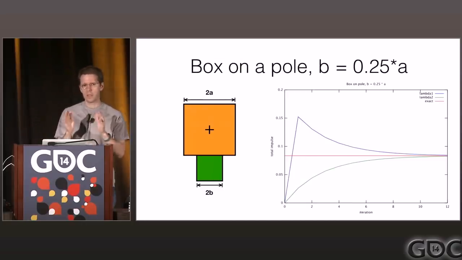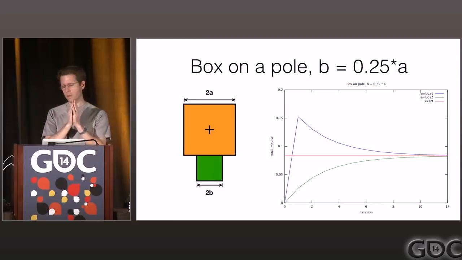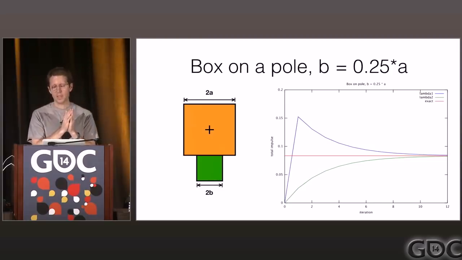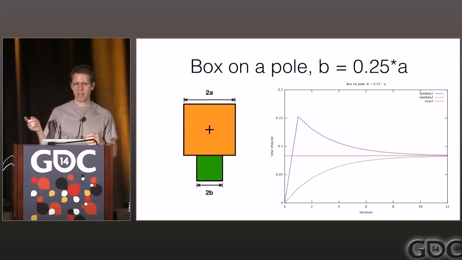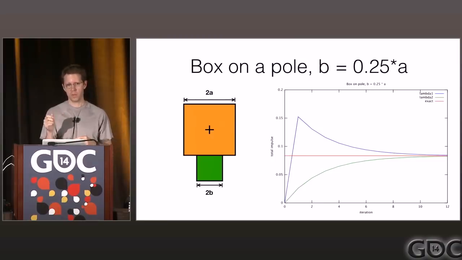All right, now at 25% of width, I need around 12 iterations, and there's a lot more overshoot. So this is actually kind of interesting because I was looking for a case where I had some overshoot, but I also found a case where convergence starts to suck.